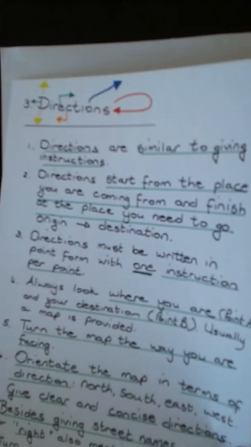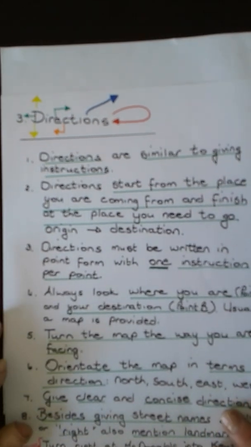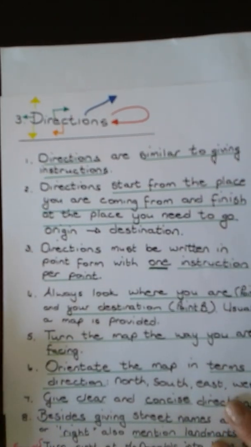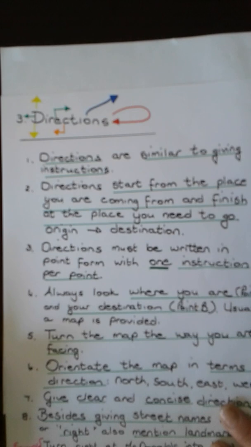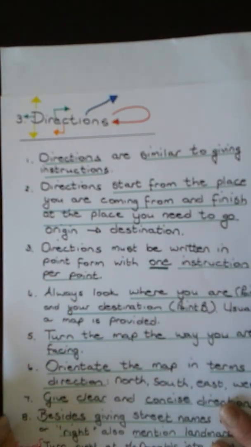Then the third one I would like to explain to you is directions. Now, usually people, you do very poorly in giving directions because you do not take the liberty of looking at your map, then go and write a few landmarks on the map before you start planning the directions that you are going to give.